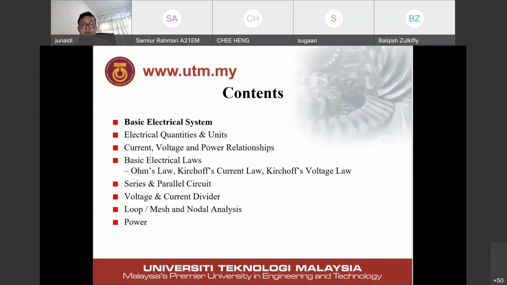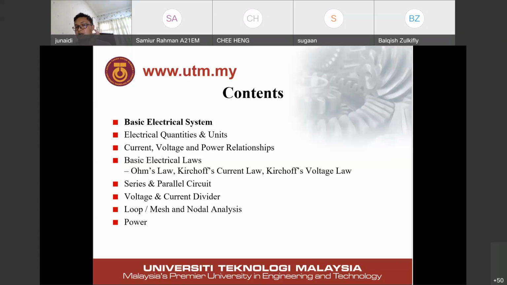This is the content: basic electrical system. For this chapter, we start with the basic electrical system, followed by electrical quantities and units. Then I'm going to introduce currents, voltage, and the relationship with power, followed by basic electrical laws, which are Ohm's law, Kirchhoff's current law, and Kirchhoff's voltage law.